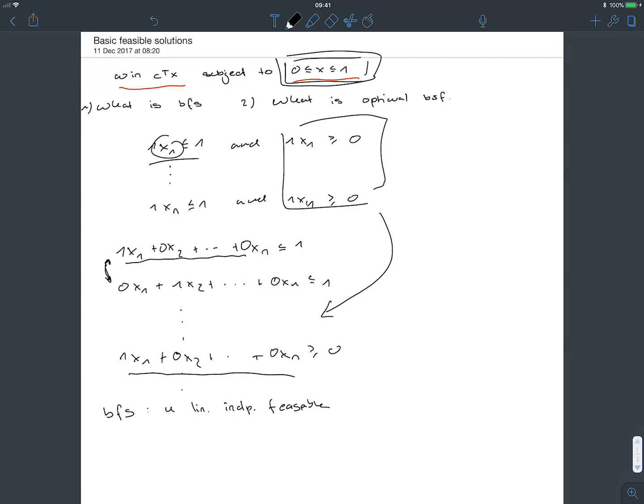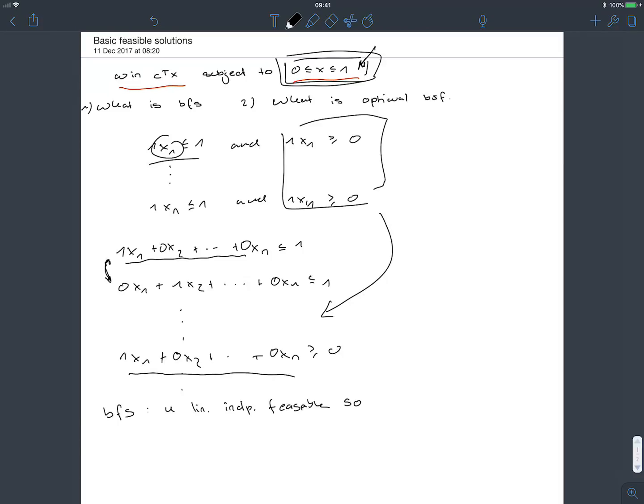But in basic feasible solutions, we only want the n constraints which satisfy this constraint with an equal sign. So we don't want 0.5, we don't want 0.3 in this case. We only want these solutions which fulfill the constraint with equality.